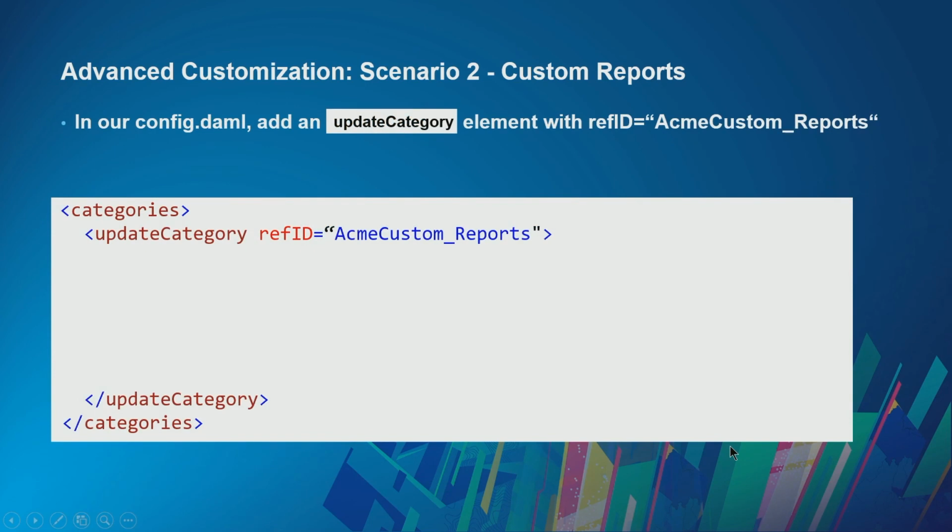So here's a code snippet on registering and creating the report providers. Here within the categories group, I've included the update category element, and the ref ID attribute is set to my new category, which is Acme Custom Reports. This informs the Pro framework that I will be registering a component within this category.